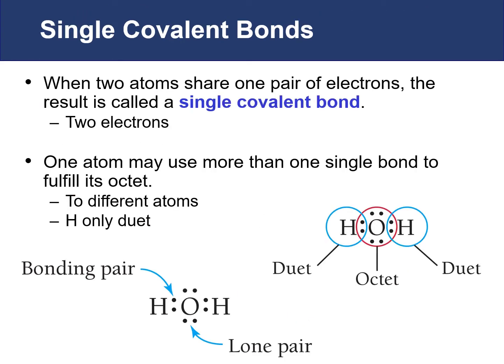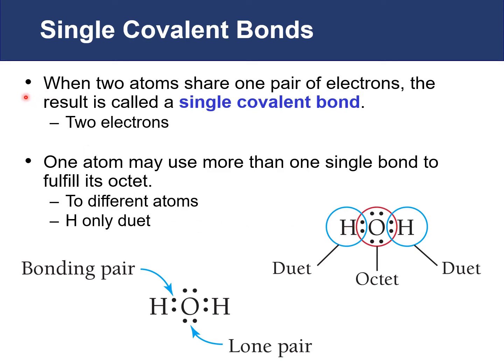So in doing this, you have your oxygen, which gets its filled octet. It has 8 electrons around the oxygen. Each hydrogen, which is trying to get a duet, because it only has a 1s orbital, achieves the duet by sharing 1 electron with the oxygen in exchange for the oxygen sharing 1 electron with each one of the hydrogens.